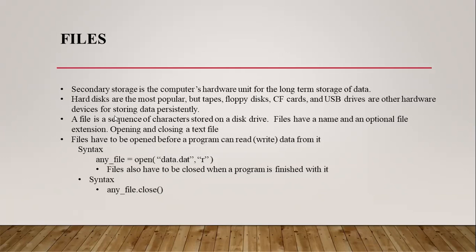The file is a sequence of characters, and it is a secondary storage system that stores the data permanently. When we create the file, it is stored on the disk.